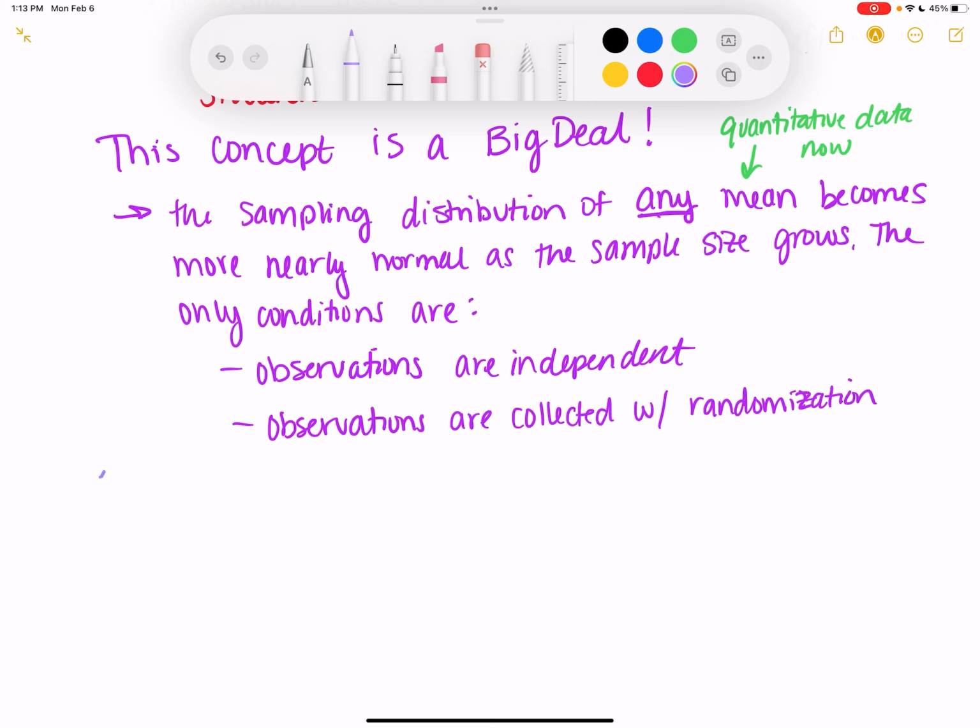So the next thing we have is the central limit theorem. And you'll see that written as CLT.